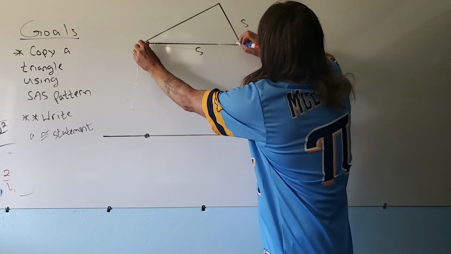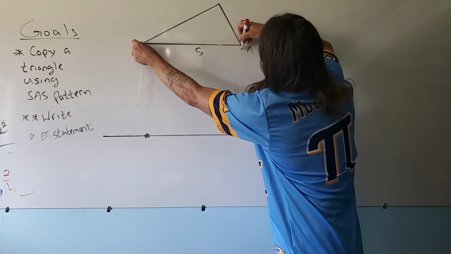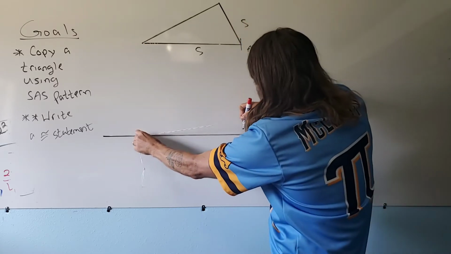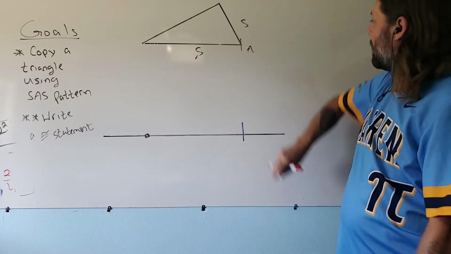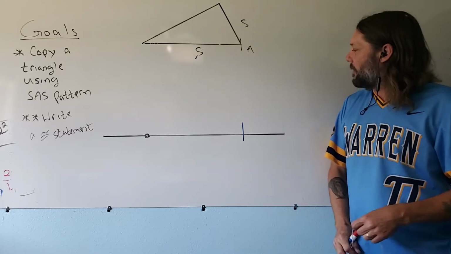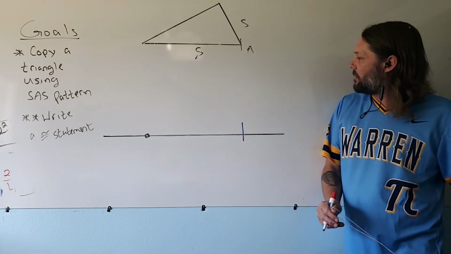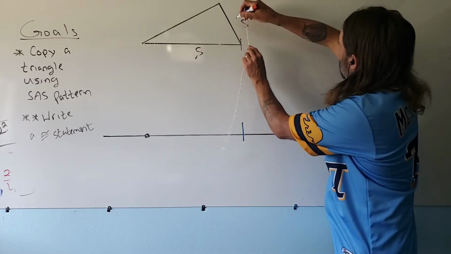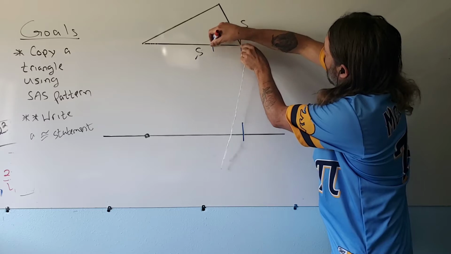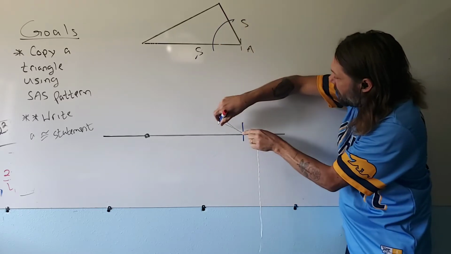So needle, pencil, needle, pencil. Okay, so I copied the side. Next, I'm going to copy the angle. Remember, when I copy an angle, I'm copying how much the angle opens. So the very first thing I'm going to do is make an arc. Come down here and make an identical arc.